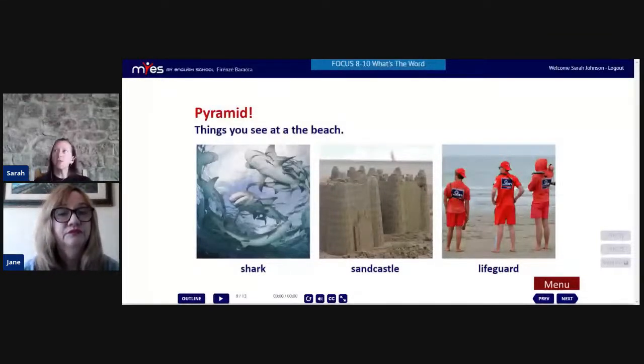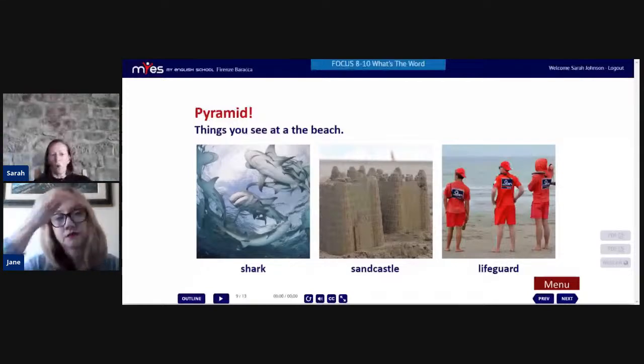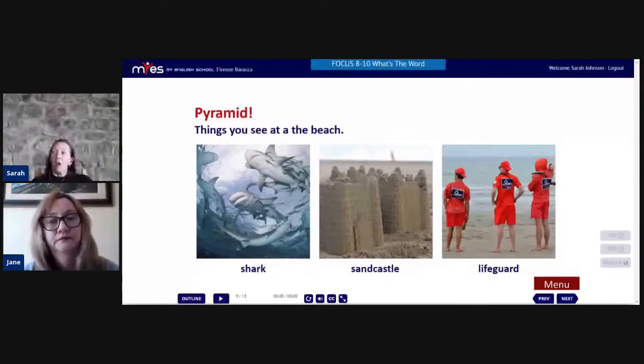I don't think there are any other guards. The only thing that comes to mind is guardian angel. So guardian in that respect, but it's not the same word. It's not the same thing as a guard. Security guard, I think that's probably it. I can't think of any other ones.